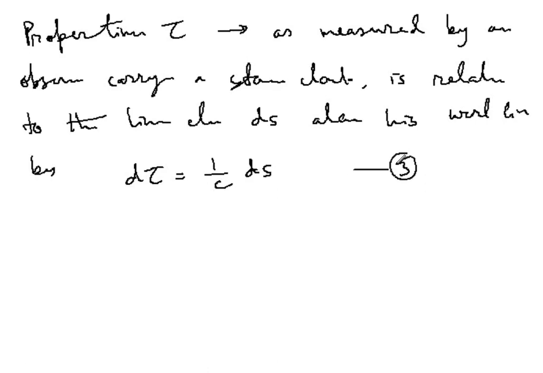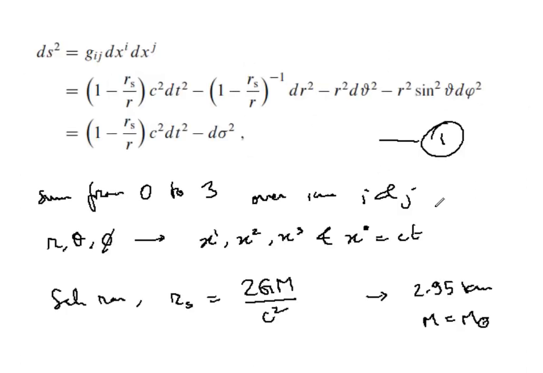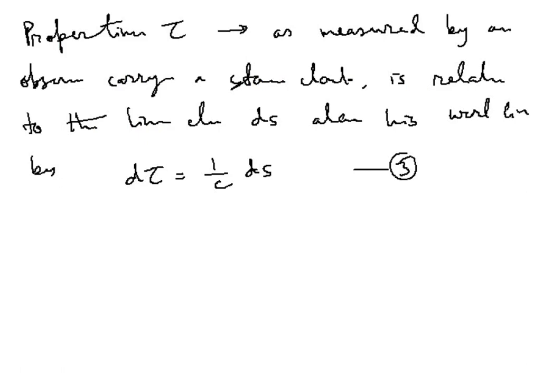Now this is equation 3. And this Schwarzschild radius expression was equation 2. There will be more to come.